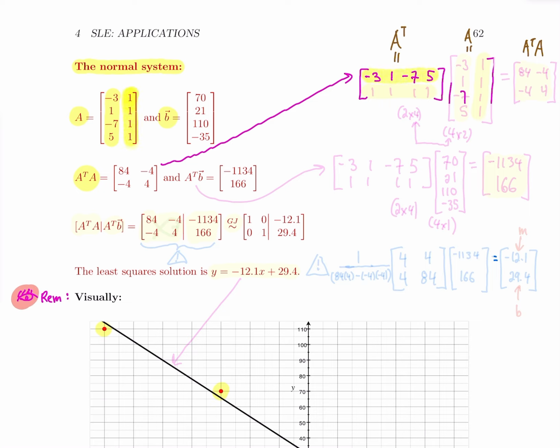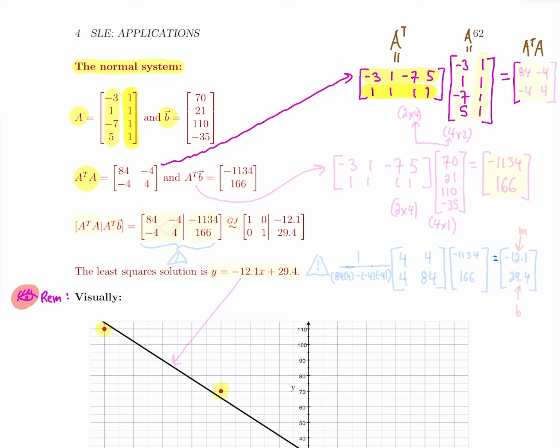And then the second column becomes the second row. 1, 1, 1, 1. Okay, so that one is easier. So here's my second row now. Okay, so that's my A transpose. And if you multiply it by A, you get indeed the matrix 84.